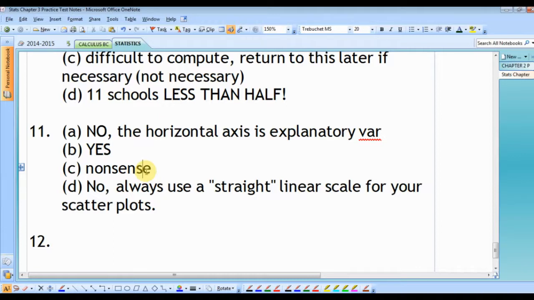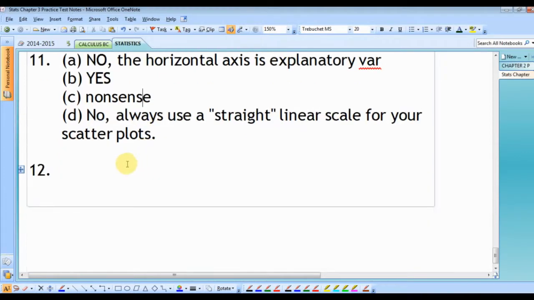For number 10, what's the answer? D. Schools less than half. And then for number 11, what's the answer? B. The way that the answer choices there are phrased is kind of confusing.